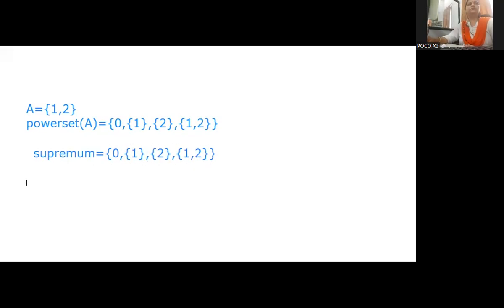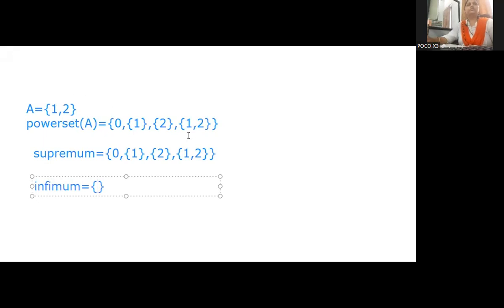Now what will be infimum? Infimum means intersection. What will the intersection of these two sets be? 1, 2 only.